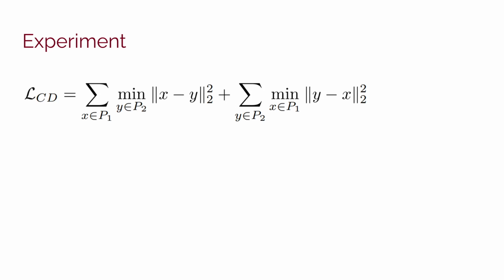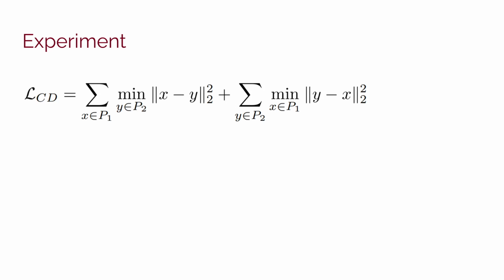So first, this is the chamfer distance loss. The way you calculate it is, chamfer distance is basically when you take 2 point clouds, you superimpose them, try to make the points as close to each other as possible, and then for each point in point cloud A, or P1, you find the point in point cloud B, or P2, which is the closest to it.